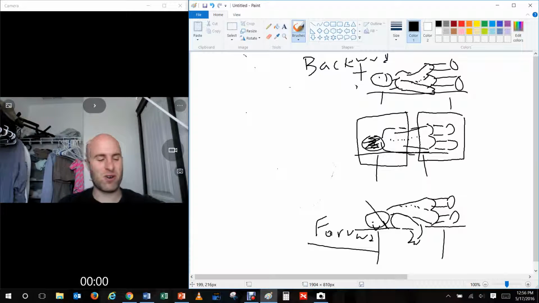So you can have a forward or backward sacral torsion.